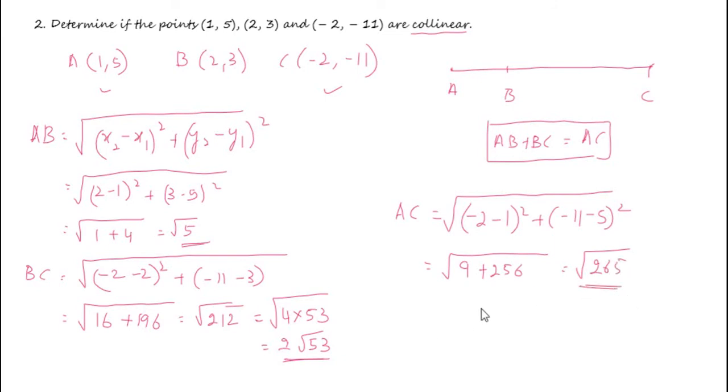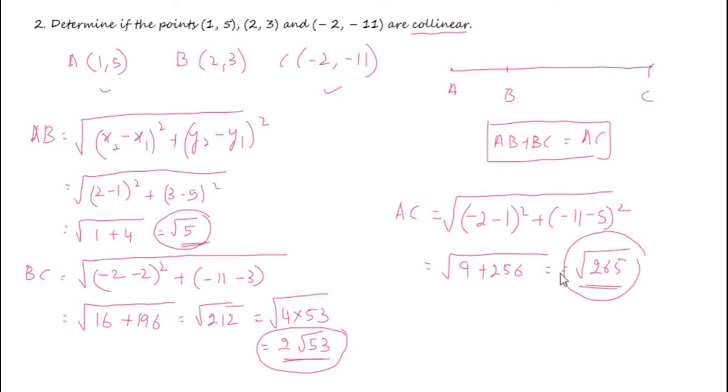Now in this case, if you compare these three quantities, AB is root 5, BC is 2 root 53, and AC is square root of 265.